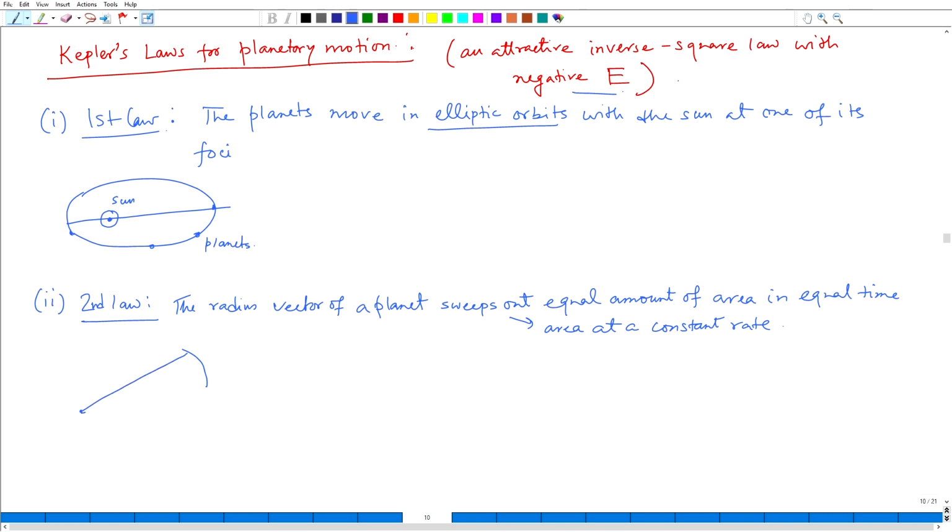So, if the initial position vector was here and the final was here, then I can say this is r, and, I mean, after some small time, immediately after, it will have some r prime, which is nothing but r plus dr, and this dr vector basically is this vector which is almost perpendicular to that, and actually should be perpendicular because this is along the tangent of this curve. So, this is the direction of the dr here.